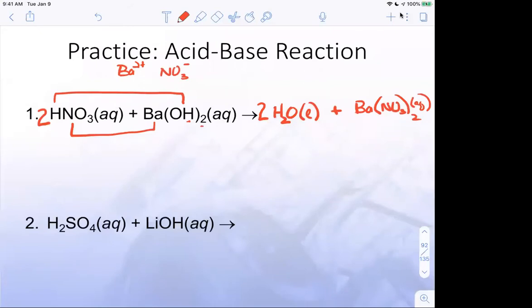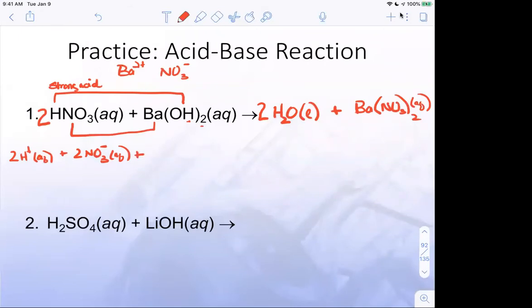If I wanted to make the complete ionic equation, I would do 2H plus aqueous plus 2NO3 minus aqueous. Nitric acid is a strong acid, so it is completely ionized.